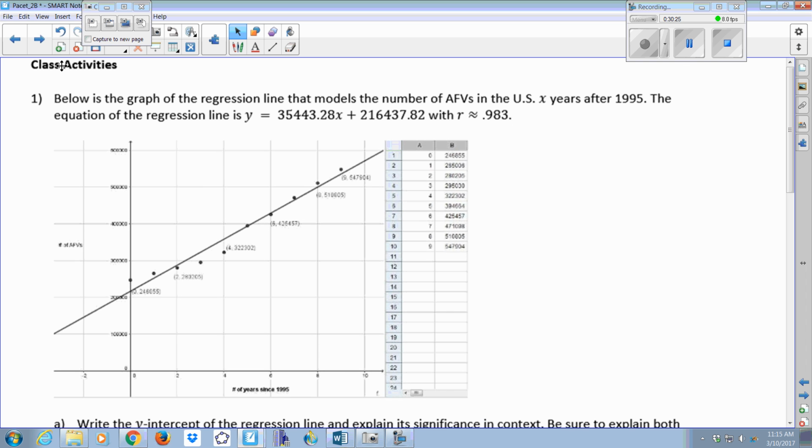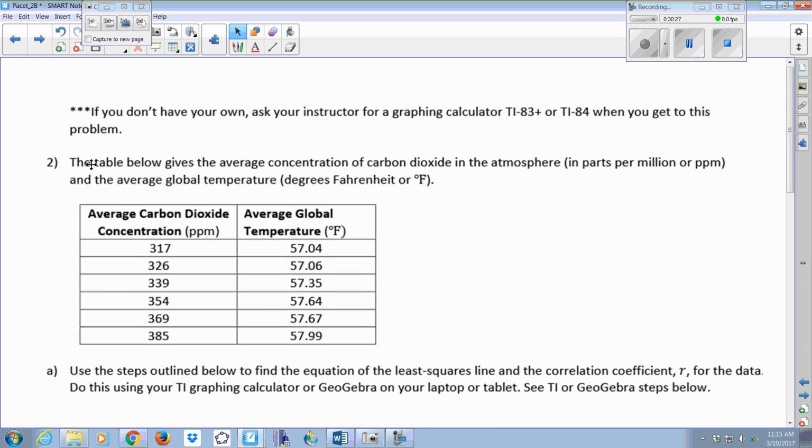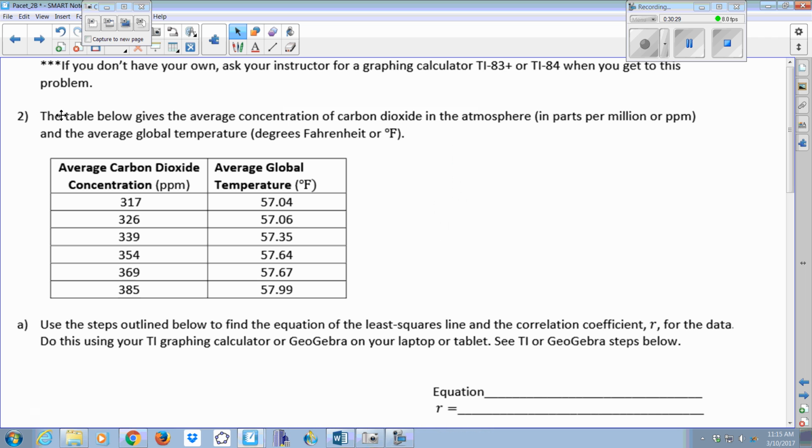So here are your activities, but what I would like you to do is start with 2, about the average concentration of carbon dioxide in the atmosphere and the average global temperature. Now, we won't send this to our EPA secretary or director because they don't believe in any of this, but all I want you to do today is just learn how to put this in your calculator and come up with your line of best fit.